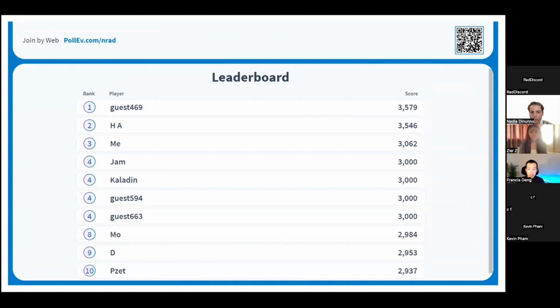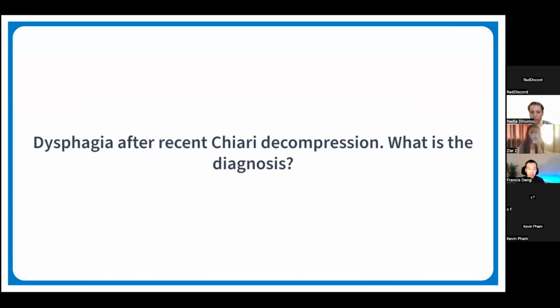All right, guess 469 is pulling ahead. This is a patient who had dysphagia after a recent Chiari decompression surgery. What is the diagnosis?